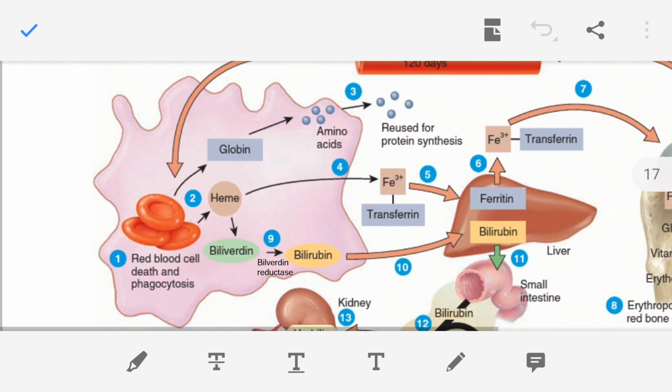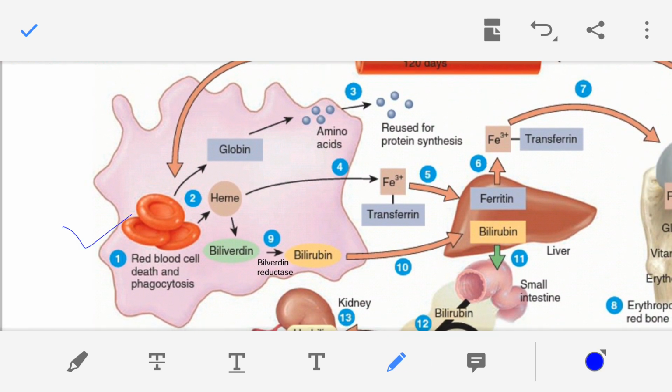In the macrophage, the RBCs are engulfed and broken down. From RBC, the globin is released, and the heme group is released. The globin is further broken down, and the amino acids are released, and these amino acids are reused for protein synthesis. From the amino acids, proteins are formed.